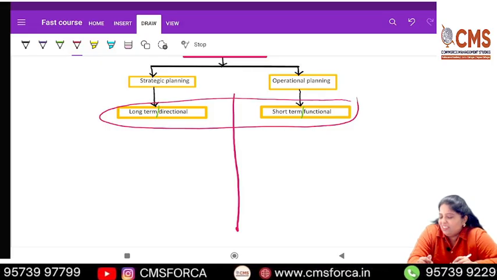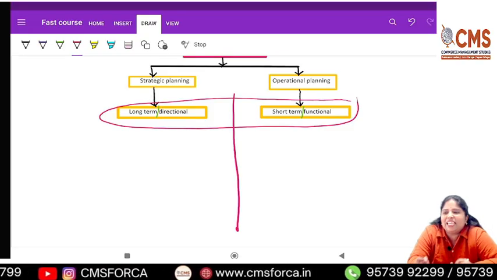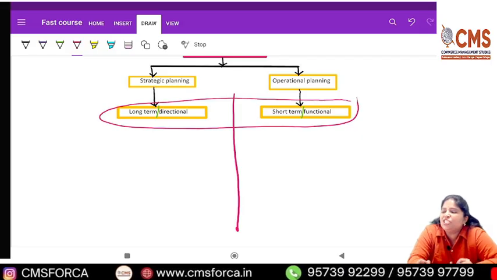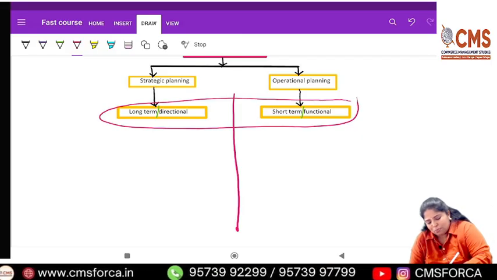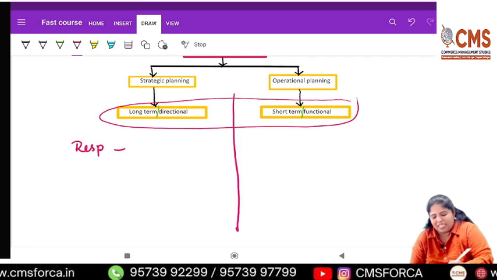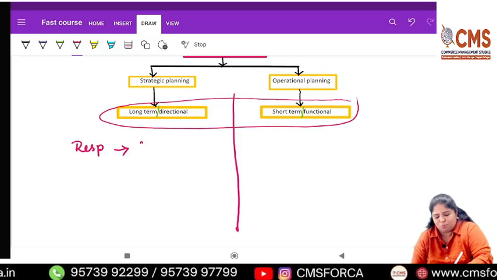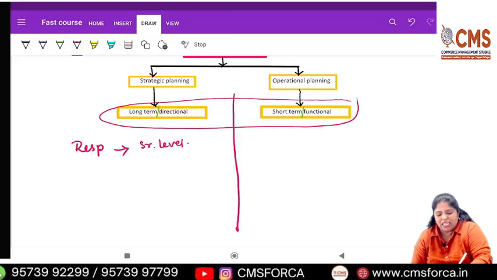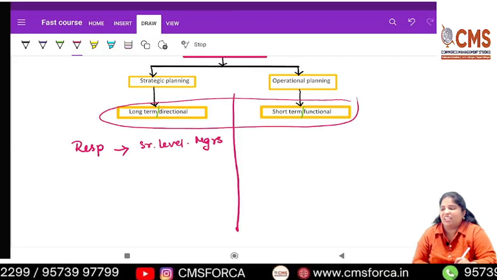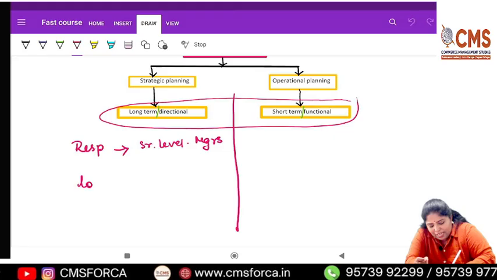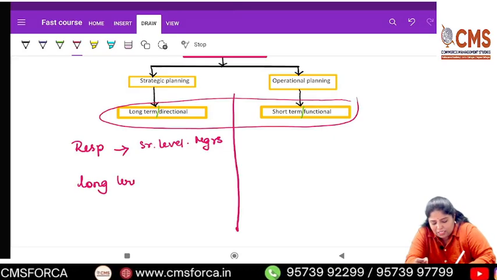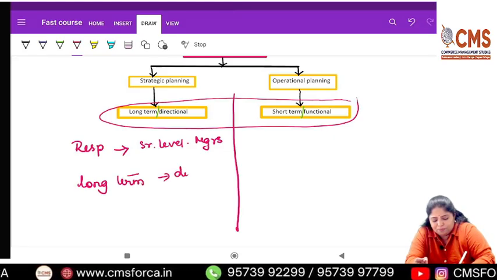Do not worry. Strategic planning is the key responsibility of which level of management? Top level. So let's put down that point. Strategic planning is usually the responsibility of senior level managers working at top level. Strategic planning always gives long-term direction.